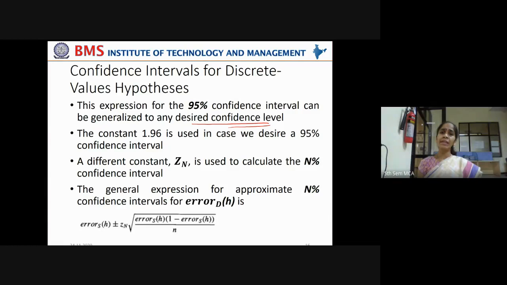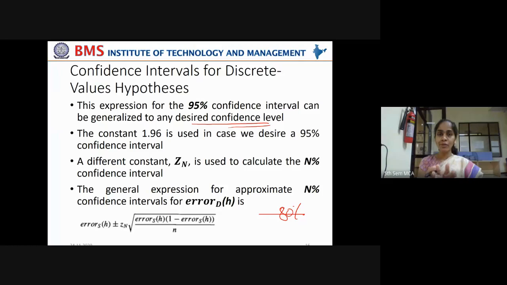Sometimes I may take only an 80% confidence interval. What does that mean? I am stating that there is an 80% probability of this true error being similar to the sample error.